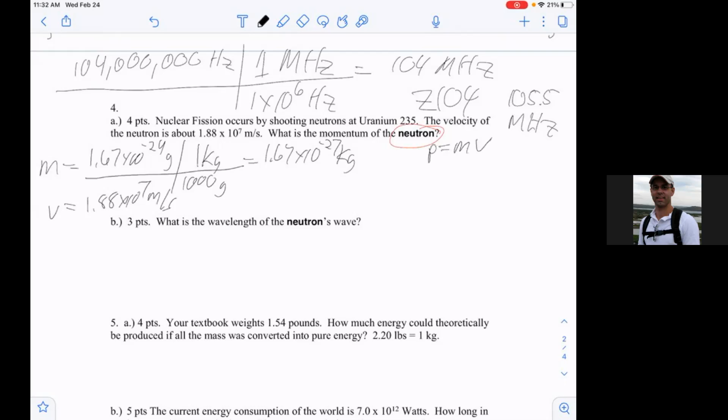The equation for momentum is p equals mv. And that's what we get for 4A.